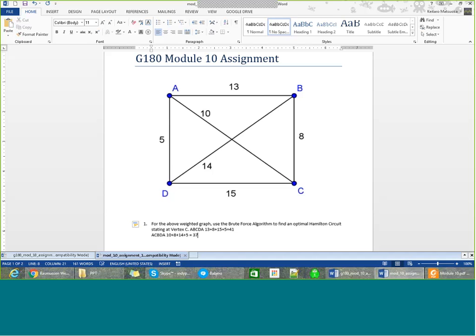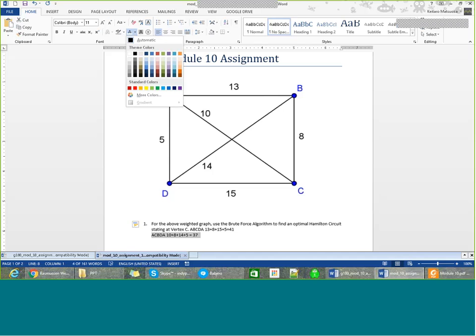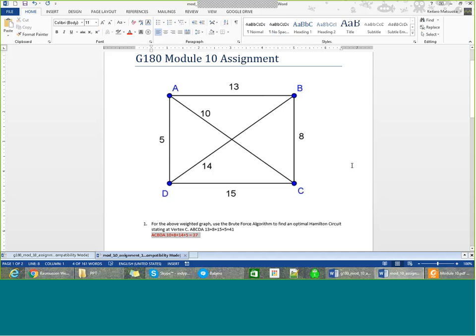So there are a few other ones, but between these two, I'll pick this as my circuit. Okay, so that's what you would do. List all the possible circuits and then pick the cheapest one.